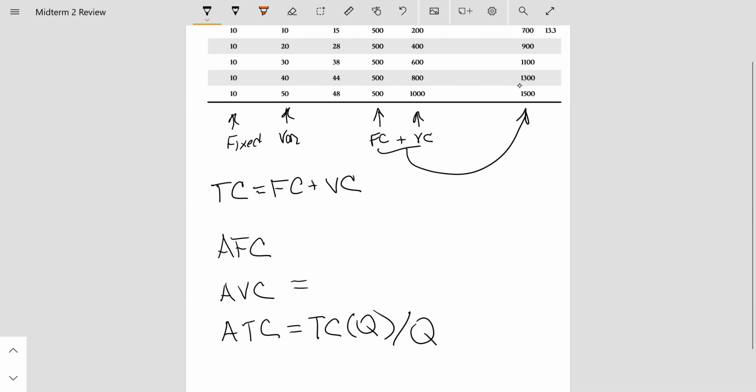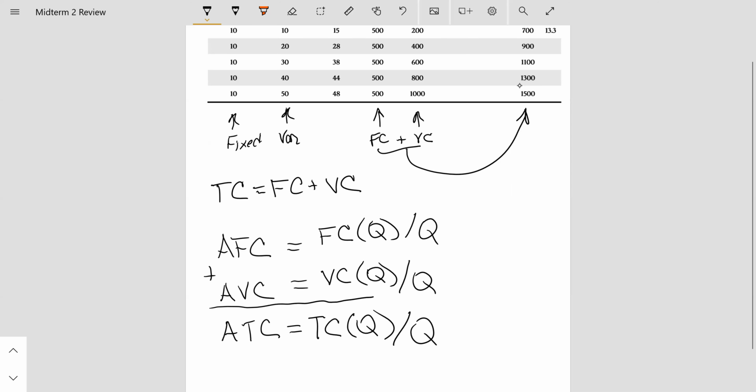Average variable cost takes your variable cost at some given level of quantity, divided by that quantity. And you take, for average fixed cost, the fixed cost at some given level, divided by that level. And you can see that average fixed cost plus average variable cost adds up to average total cost.